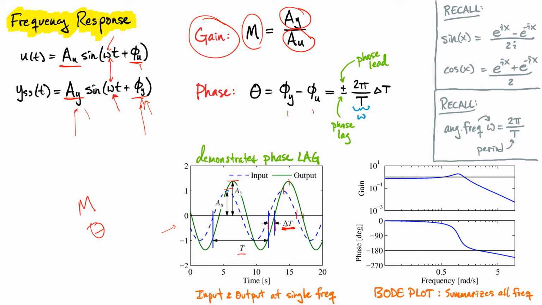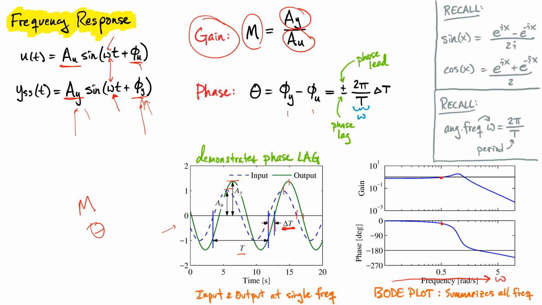And so what becomes interesting is that across different frequency values, you can have a specific choice of phase and of gain. What frequency response is really talking about is the magnitude and phase across all the different frequencies.